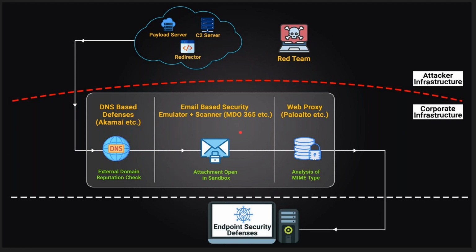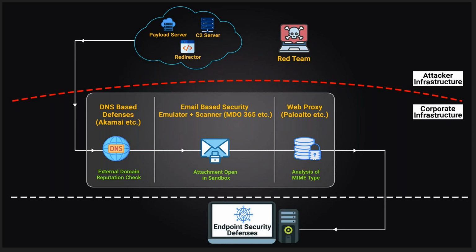Now the second is any email-based security emulator or scanner. One of the examples is Microsoft Defender for Office 365. So it is there as well. Let's say the red team strategy is that they are sending across malicious attachments, or malicious links to the end user or to the internal environment, it has to go through this control, that is MDO 365. It performs various levels of checks, and it has a lot of controls built in.